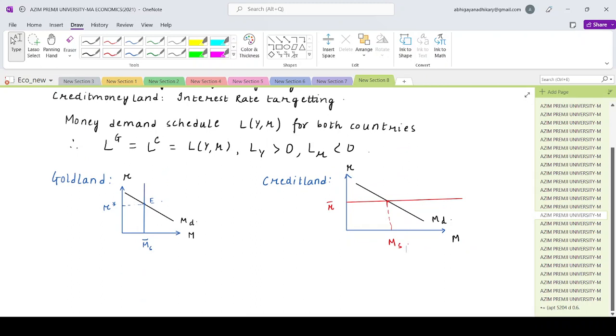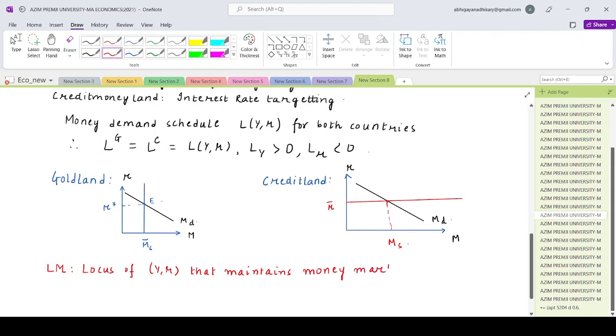Try to understand this. What is the definition of an LM curve? It is the locus of Y and R that maintains money market equilibrium, isn't it?